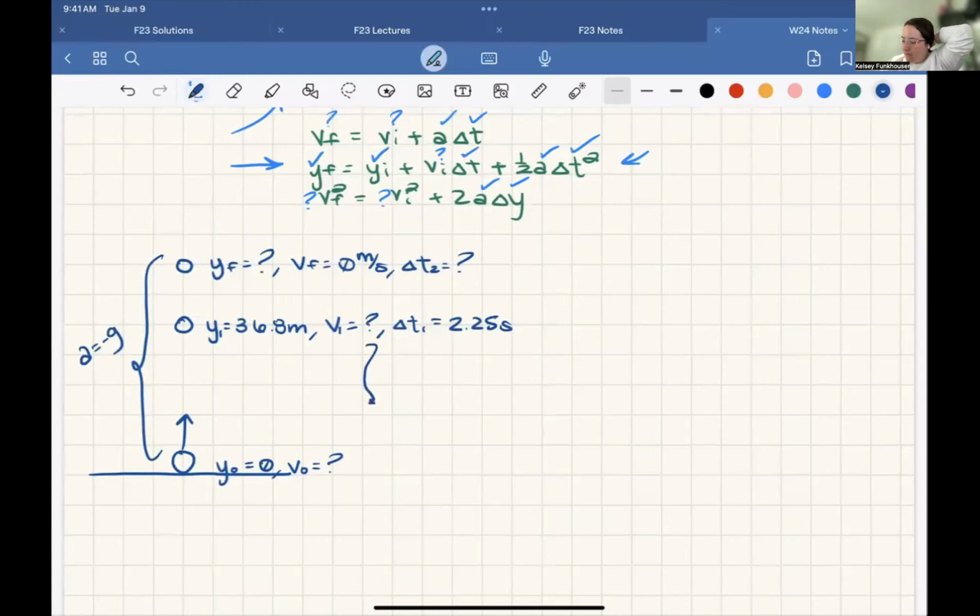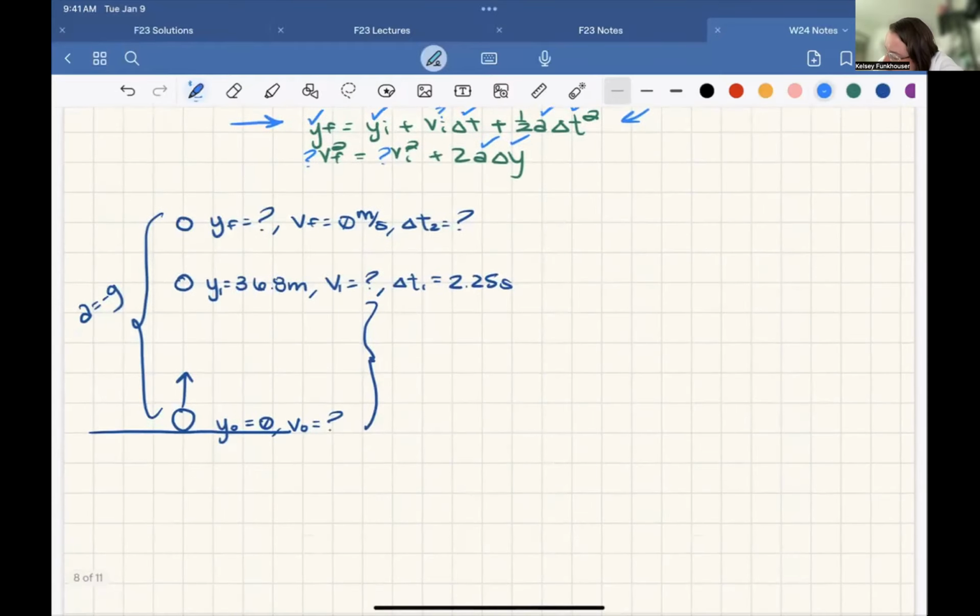Okay, so when we were looking at our kinematics equation, we were going for this interval here from the ground to the height we were given. So now let's go back to the long kinematics equation. Y final equals y initial plus v initial delta t plus 1/2 a delta t squared. Let's write what our numbers are so that it's easier to plug in.